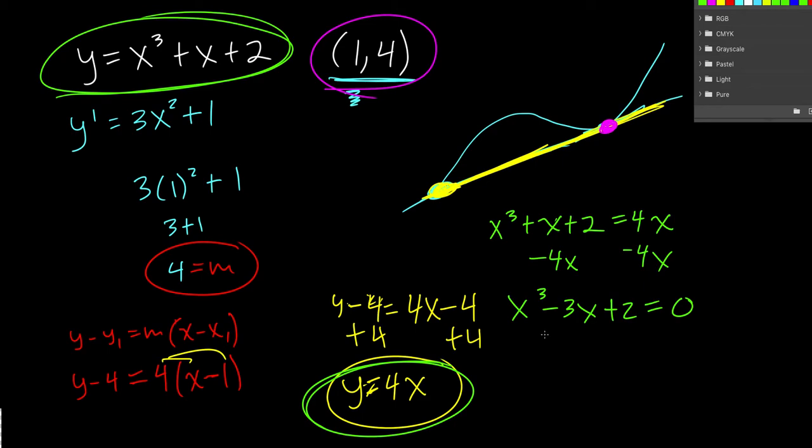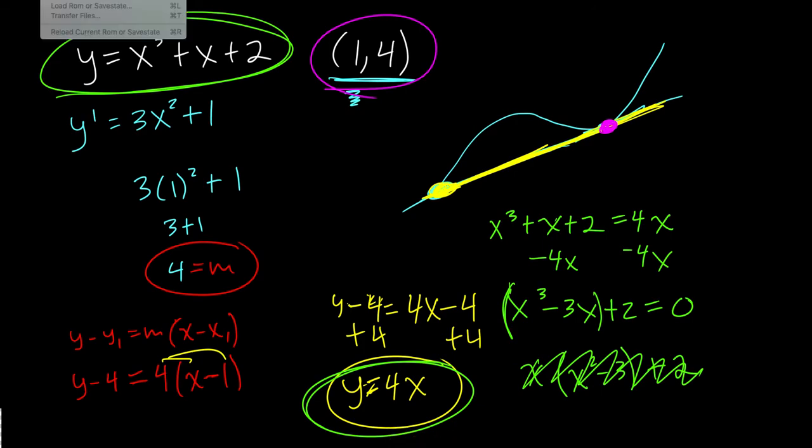Now, we can try to do a grouping thing like this, and then take out an x, and I don't even know if this is going to get us to where we want. No. Yeah, I don't think that's going to work for us. Okay, so what we're going to do is graph it.